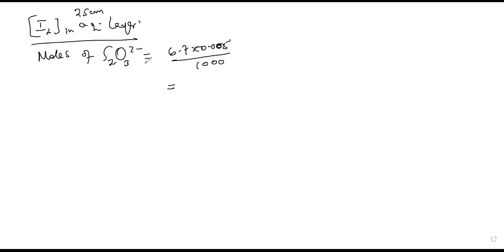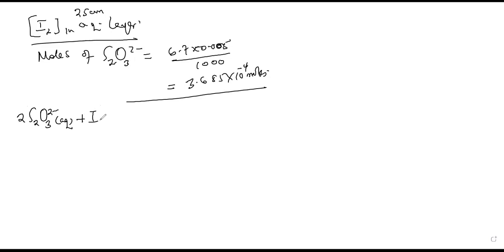You're going to come up with 3.685 times 10 to the power -4 moles. After getting these moles, you write the equation between thiosulfate ions, as we saw in the experiment, plus iodine. You will get tetrathionate ions and iodide ions.